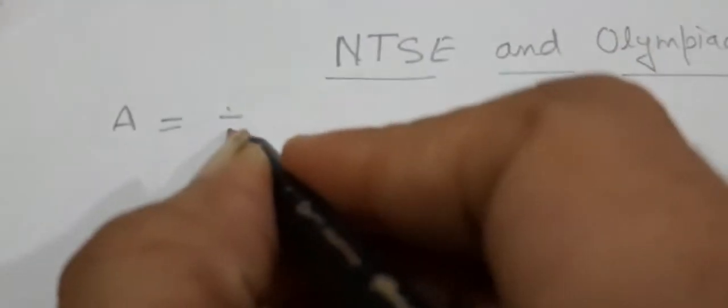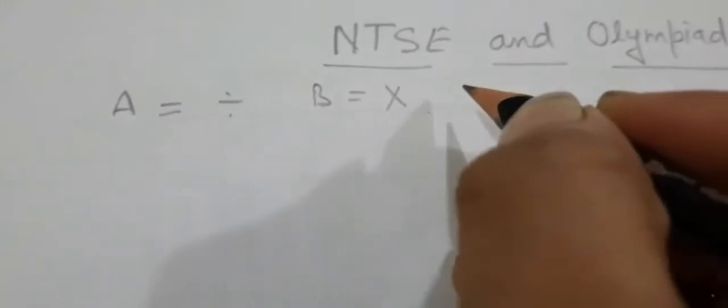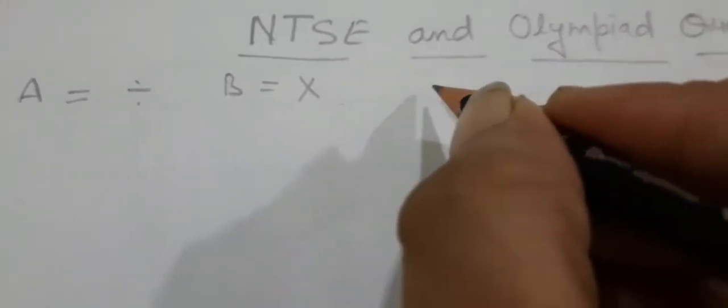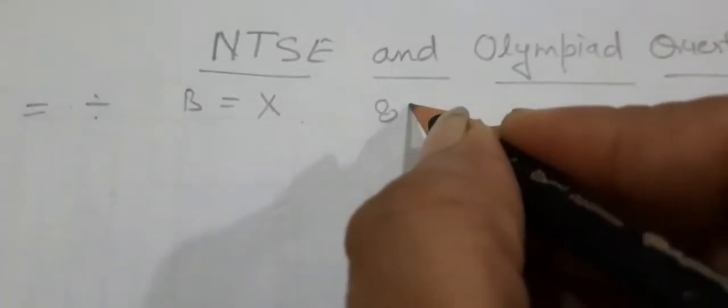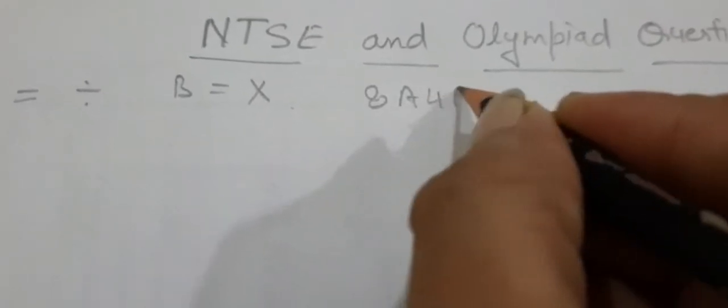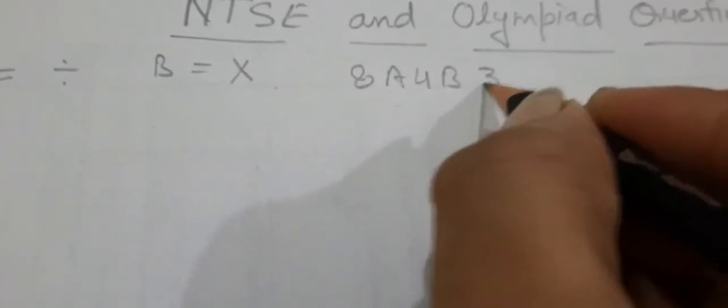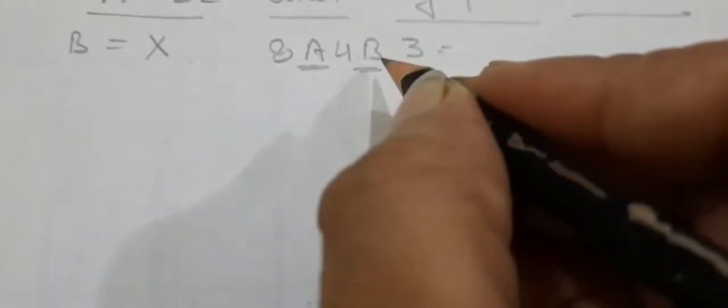So first of all we will write the meaning of A. A means divide, B means multiply, and the equation which we have is 8A 4B 3. So children, first of all, wherever we have the letter, we will convert these letters into symbols.